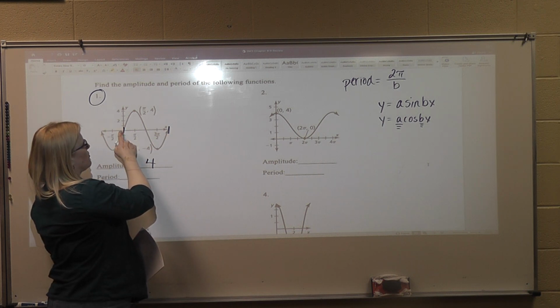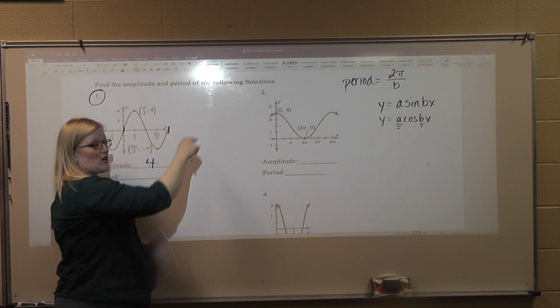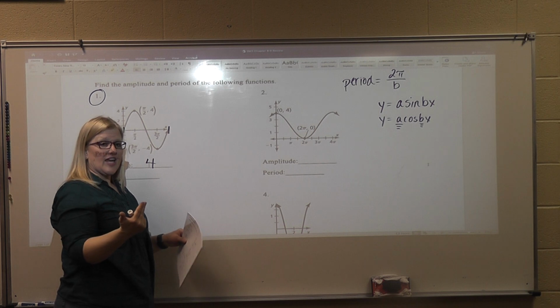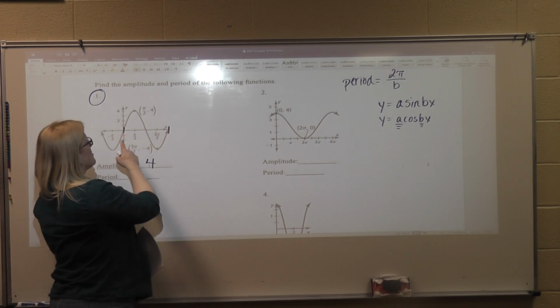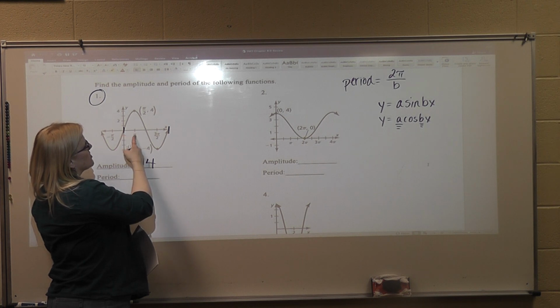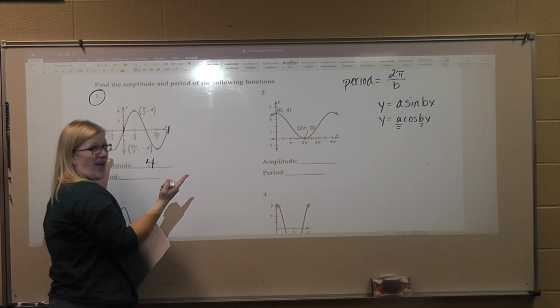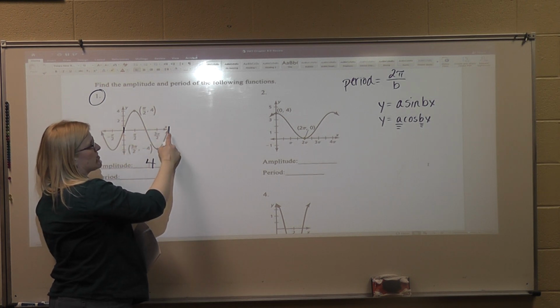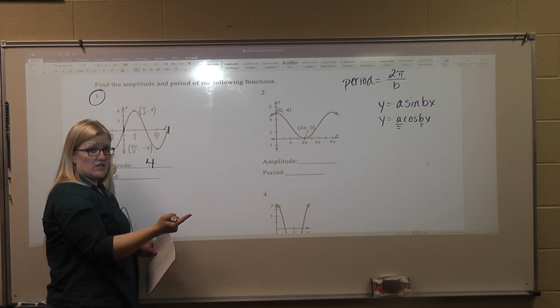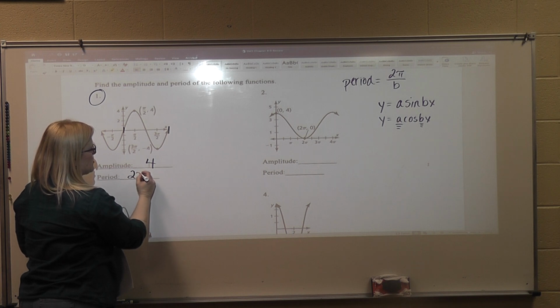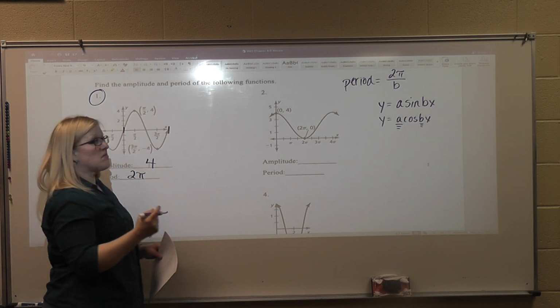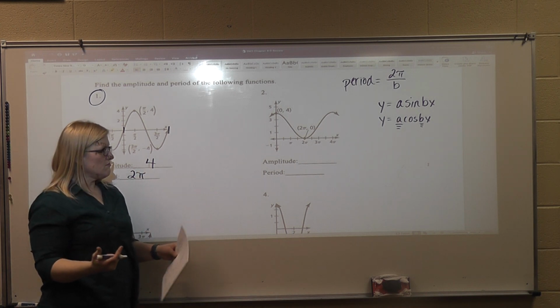This is one cycle from here to here, and then it starts to repeat itself. The period is the distance of one cycle. So I'm going from 0, this is 1/2, this would be 2/2, 3/2, this would be 4/2, which is 2 pi. So the period here is 2 pi. That means that b would be 1.